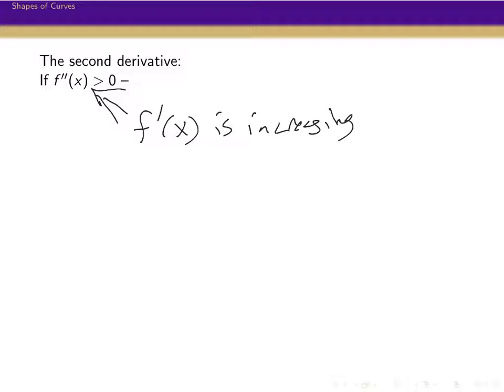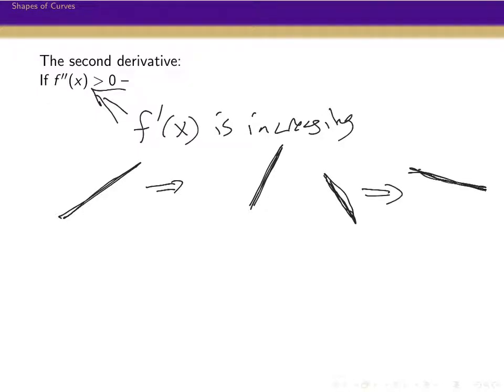So if it started off positive, over time it got more positive, so it got steeper. If it started off negative, then it became less negative.